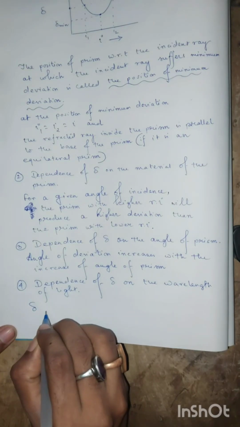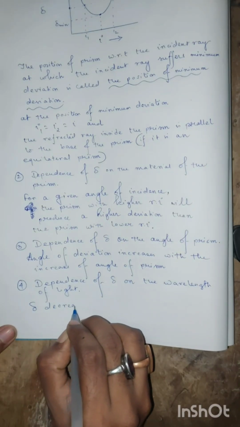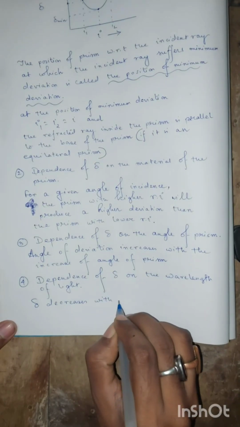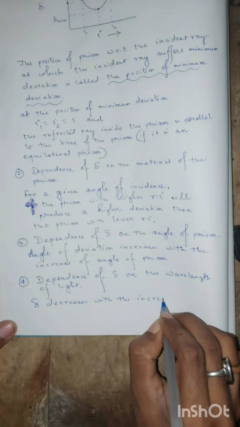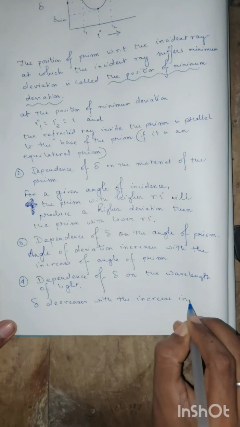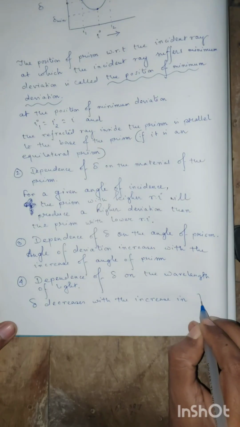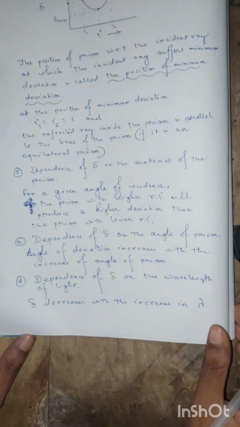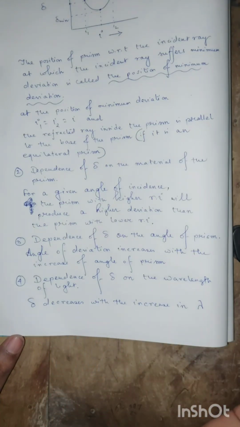Delta decreases with the increase in lambda. Delta decreases with an increase in wavelength.